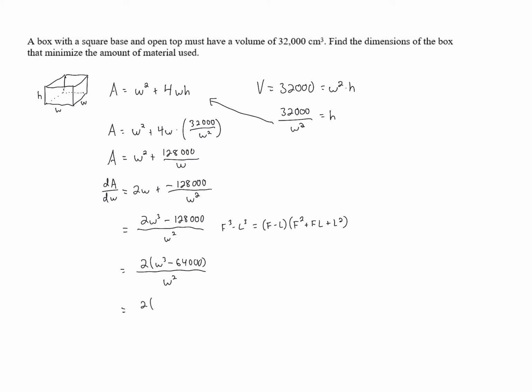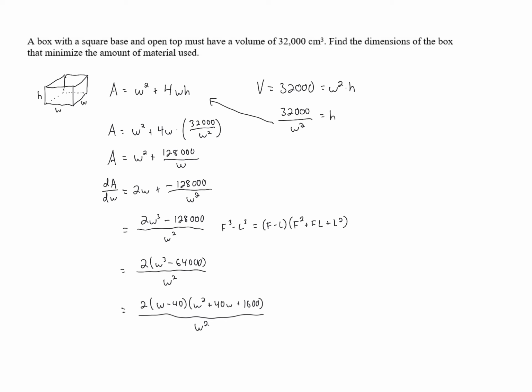This in parentheses becomes w minus 40 times w squared plus 40w plus 1600, which is 40 squared, all over w squared. And so if we are looking for critical numbers, one of them is w equals 0, because that gives us a denominator equal to 0.